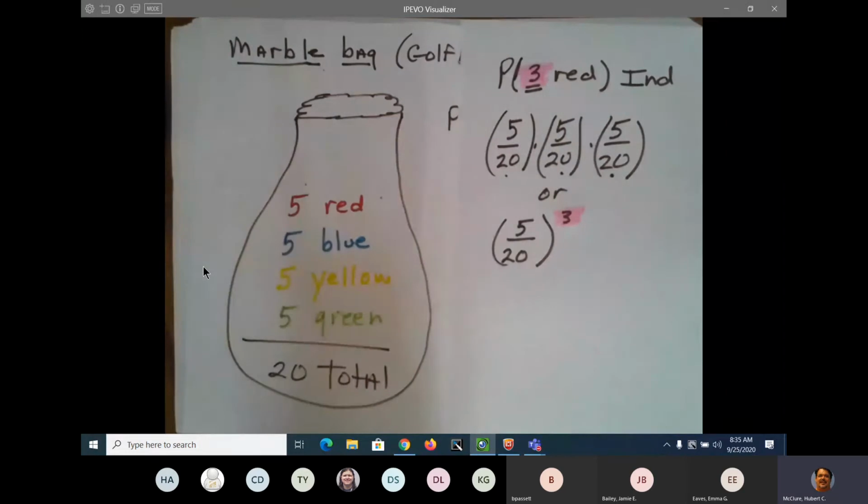If I said, what is the probability of picking 5 red marbles in a row? Well, that's almost going to be like 0. Because if you reach into a bag with different colors in it, there's hardly any way you're going to pick 5 reds out of all those colors. There's no way. So it's going to be like 0 probability.